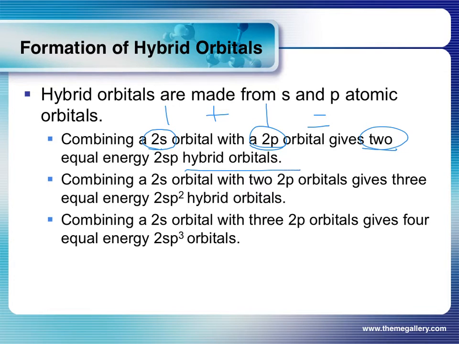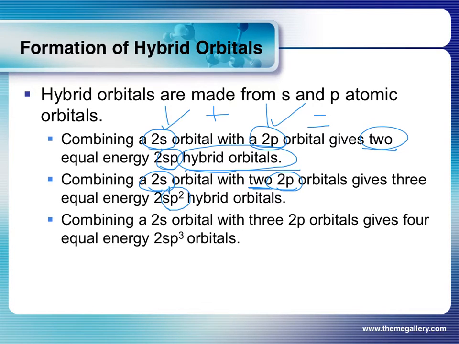However many orbitals you start with, you end up with the same number of hybrid orbitals. That theme stays intact with molecular orbital theory also. Notice if you have one s and one p, the hybrid orbital is called sp. Pretty simple. If you combine one s orbital and two p orbitals, you get sp2 hybrids.